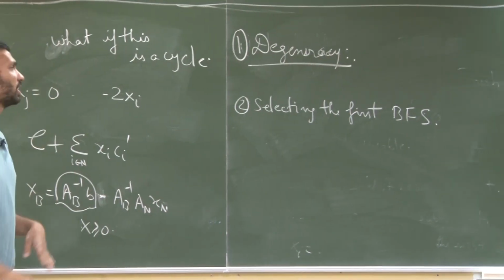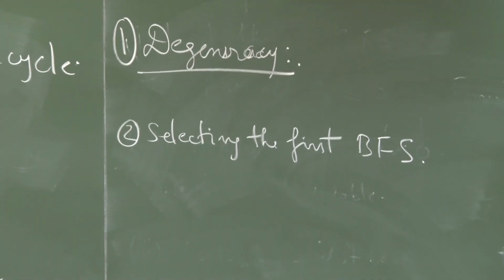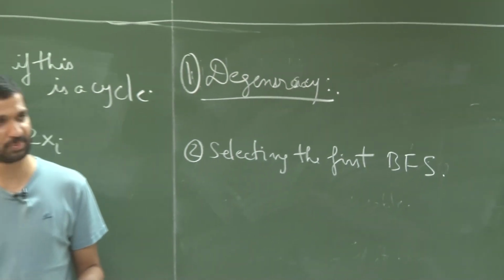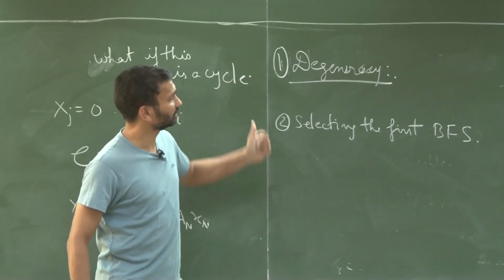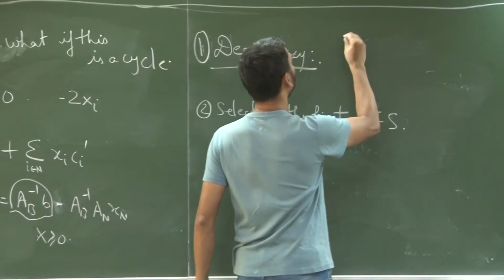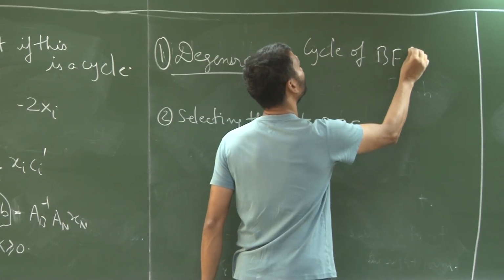These are the two things which are remaining. Everything else, I have either given you an idea or explained to you how we will do this. This is a complete description of the simplex algorithm except these two parts. And you realize what is degeneracy? Cycle of basic feasible solutions.